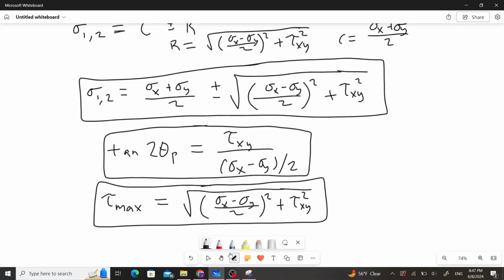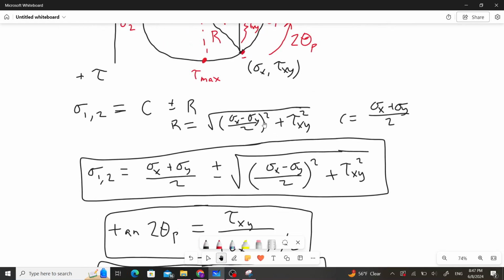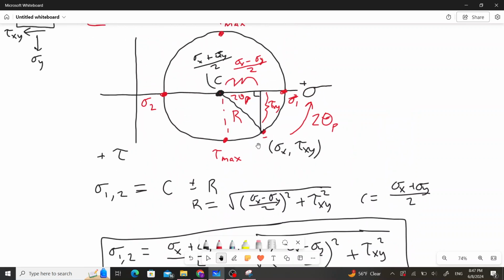Alright, what if we want to know the angle where the max shear stress is occurring? Well, we do the same thing. We can see that to go from this point, our coordinate that we originally plotted at sigma x, tau xy, on our x face, to where the tau max occurs, we're going to be rotating backwards now in the negative direction.